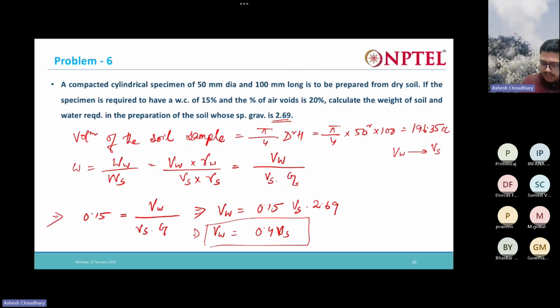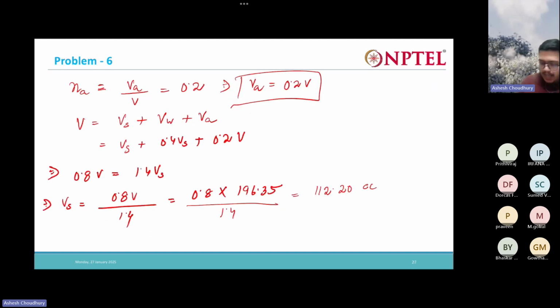Now what is the question asking? Calculate the weight of soil and the water required in preparation of the soil sample. I need to find out the weight of soil. Now tell me, how can I get weight of soil from volume of soil? You have volume of soil. From volume of soil you find out the weight of soil. This you should be able to do, and tell me the answer.